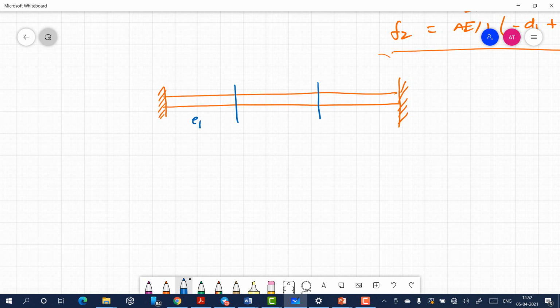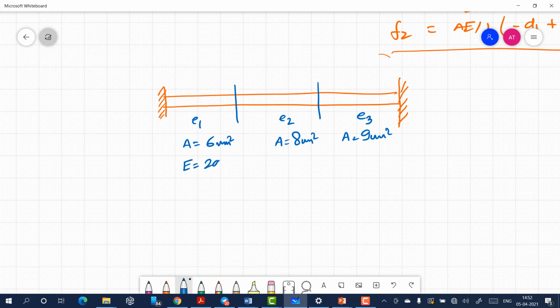We have E1, E2 and E3, and the area of the first element is, let us say, 6 millimeters squared, then the area here is 8 millimeters squared, and the area here is 9 millimeters squared. The elastic modulus also differs.